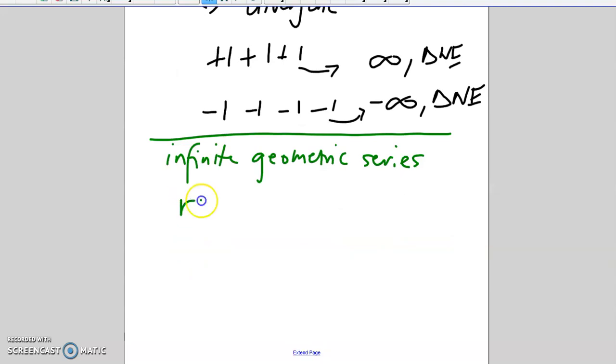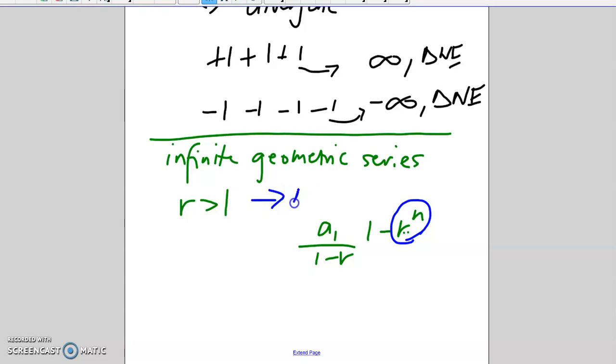If the R value was bigger than 1, then what happened to our formula, we had our a sub 1 over 1 minus r, that part was fine, but then 1 minus r to the n. So when our r value was bigger than 1, as we raised this to larger and larger powers, that number just got larger and larger, and so the series actually went to infinity. So the limit here did not exist.